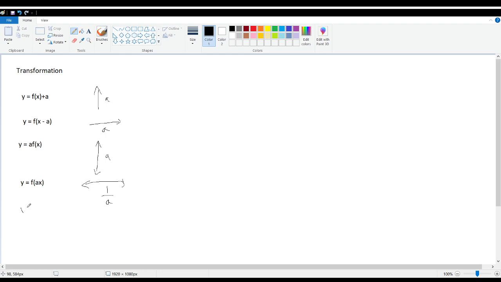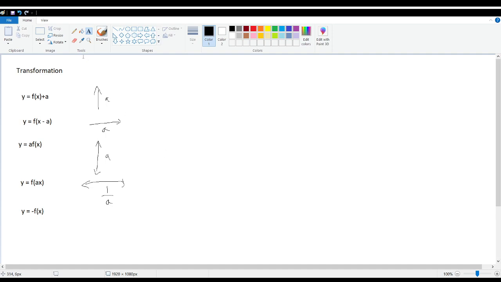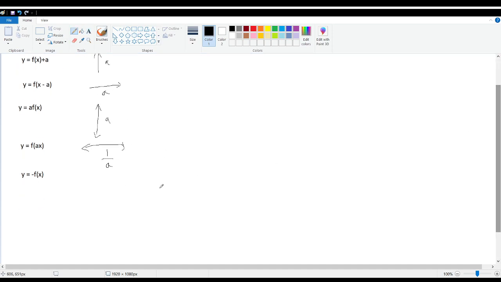Then we're moving on to y equals, hold on, let me type this out. Right. Y equals minus f of x. This is just a reflection in the x-axis.